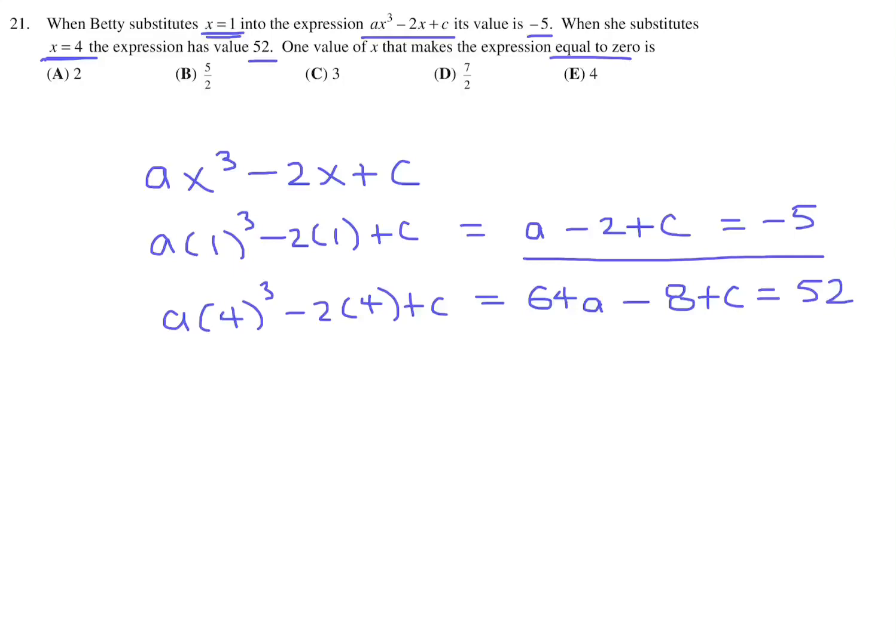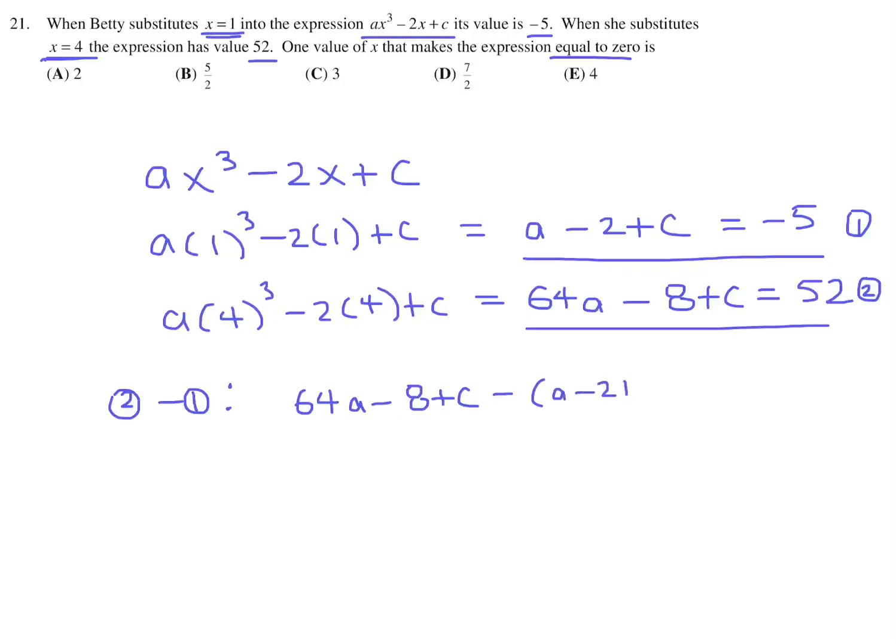All right, so looks like these two equations, if we work with these two, we'll be able to solve for a. So if this is 1 and this is 2, I will do 2 minus 1. So I will get 64a minus 8 plus c minus a minus 2 plus c, and on the other side we'll get 52 minus 5.